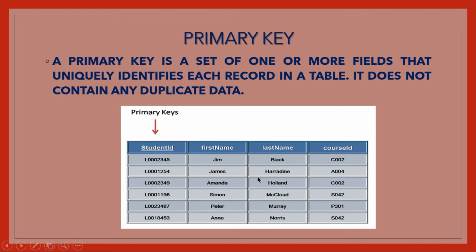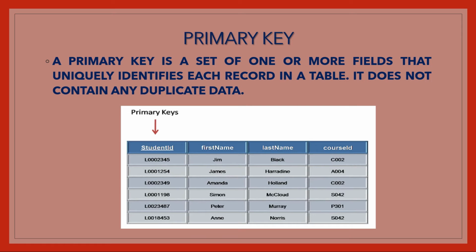So whenever you are selecting the primary key, it must be unique in nature, like any ID, bank book ID, or bank account number, Aadhaar card number, then PAN number, passport number. All right, these are the types of fields which can be the primary key.